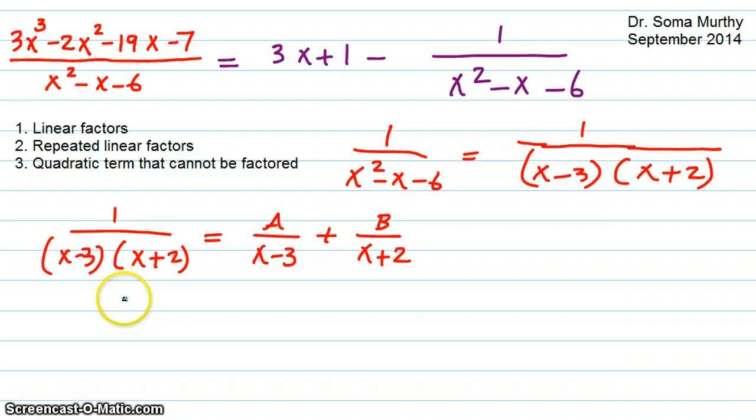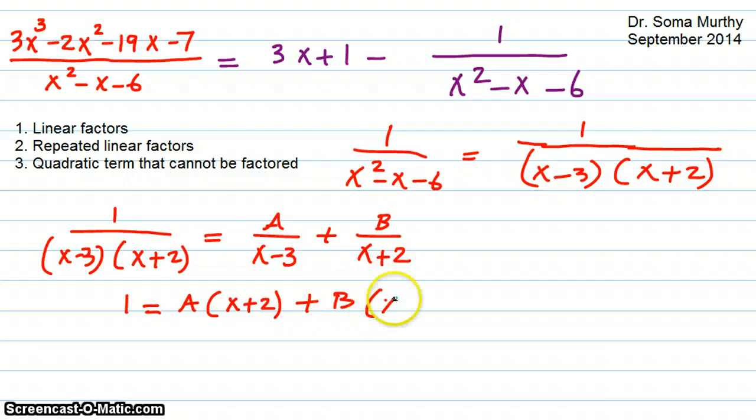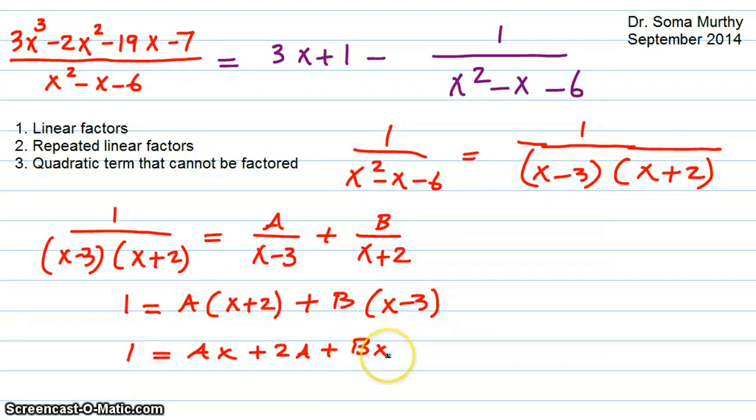That would give you 1 equals A times x plus 2, since the x minus 3 term would cancel out, plus B times x minus 3, and that would be 1 equals Ax plus 2A plus Bx minus 3B.